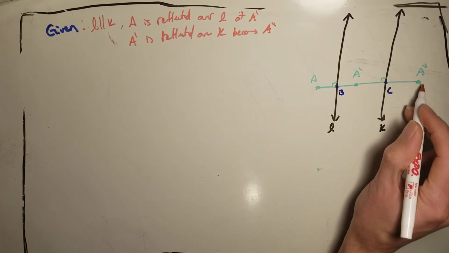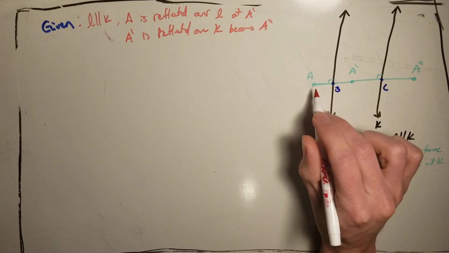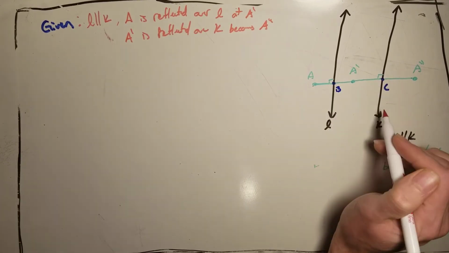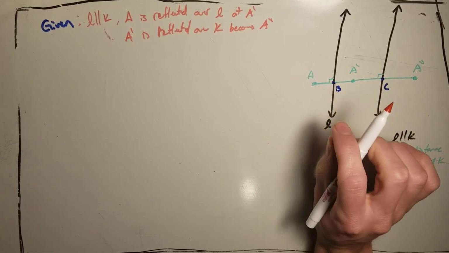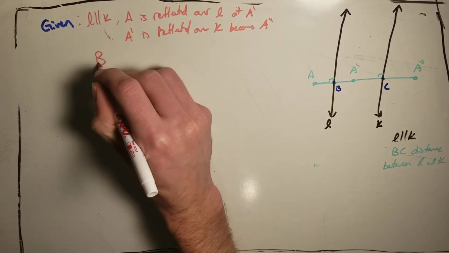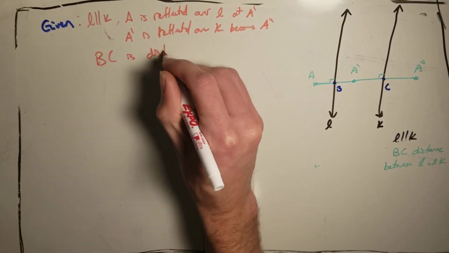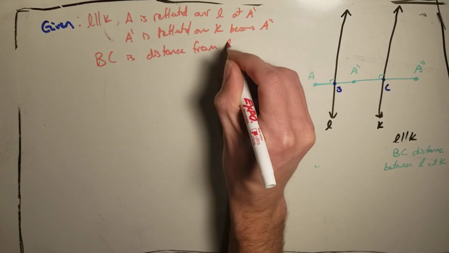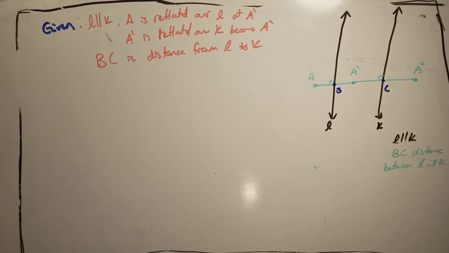So A double prime is a reflection of A prime over K, A prime is a reflection of A over L. And then we're also given that BC is the distance from L to K. So the distance from L to K, distance between the lines.